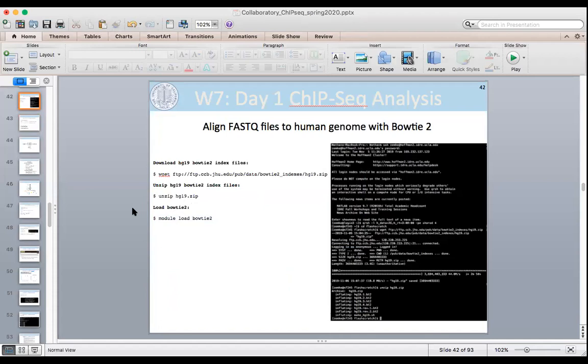Bowtie 2 comes pre-installed on the Hoffman server, but it's not automatically loaded, so you have to load it with this command, module load Bowtie 2, in order to run it. I requested 4 gigs of memory, and it's running fine. I don't think you would need more than that to run this command.